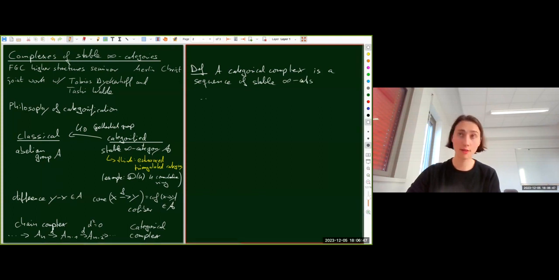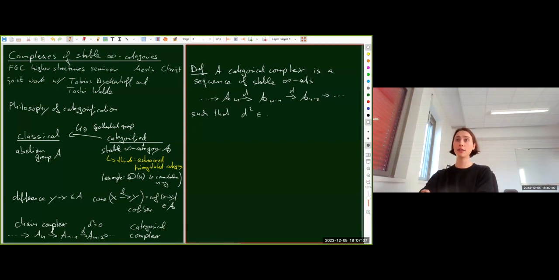You start with curly A_n, then you have the differential to A_{n-1}, the differential to A_{n-2}. As you can see, I'm following the homological grading convention. This complex is required to satisfy a condition: we want d squared. So what is d squared? d is a functor now, and d squared is also a functor, namely a functor from A_n to A_{n-2}.